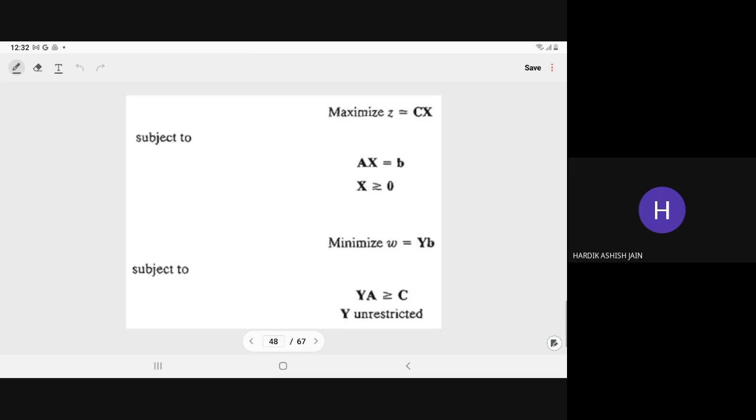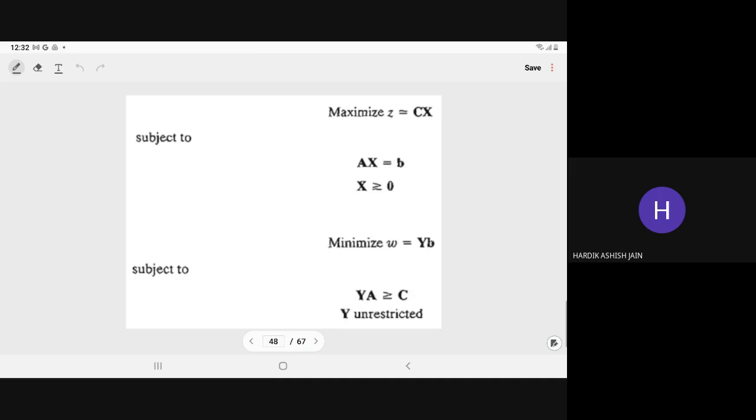So that is the economic interpretation of the duality. Now let us take this problem. Maximize z = cx subject to Ax = b and x ≥ 0.